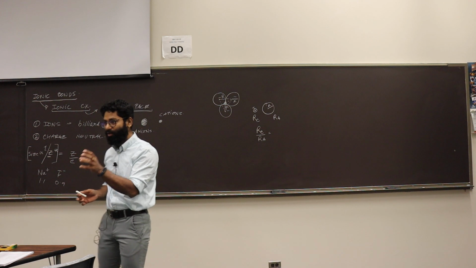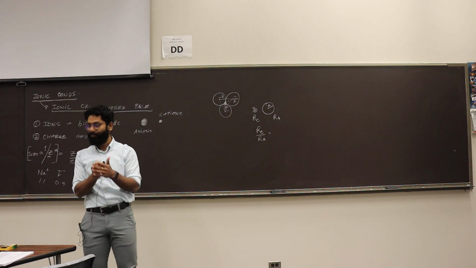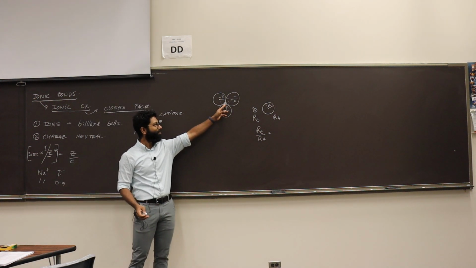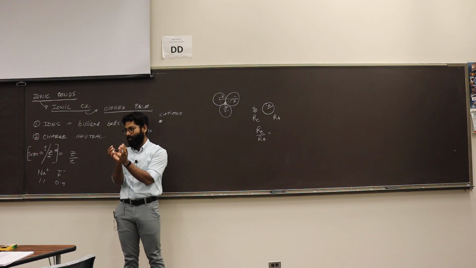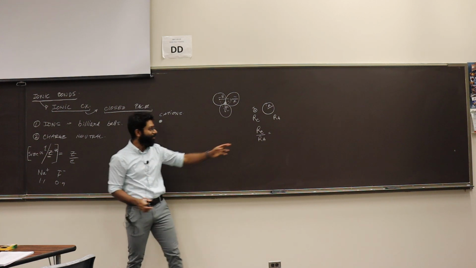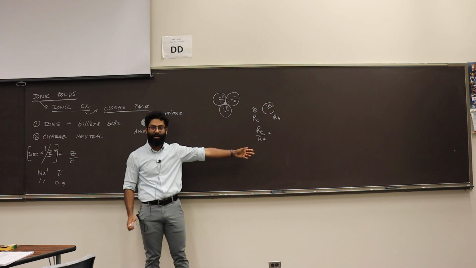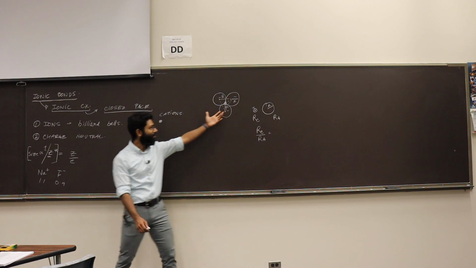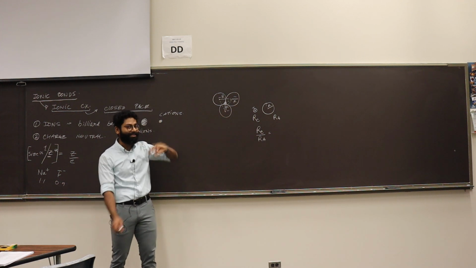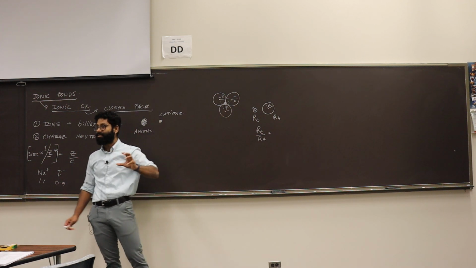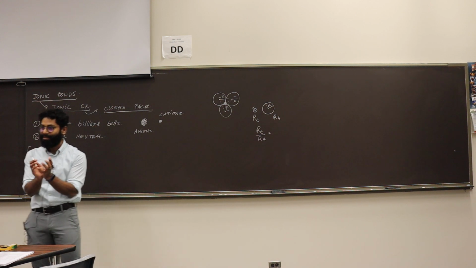There are particular ratios in which this can be tightly sitting, because if the cation becomes smaller, the RC versus RA becomes smaller, and this does this rattling thing inside of it. It is not tightly packed.